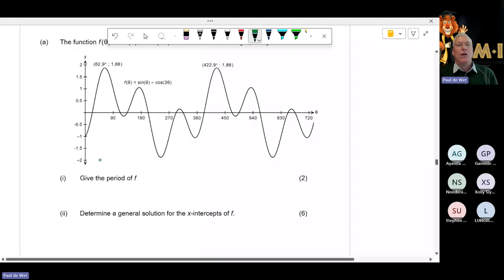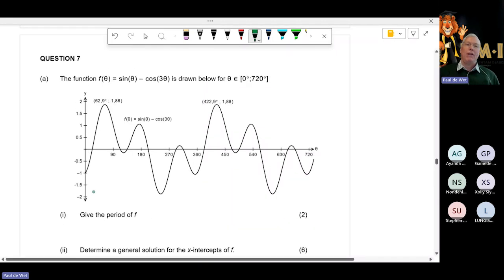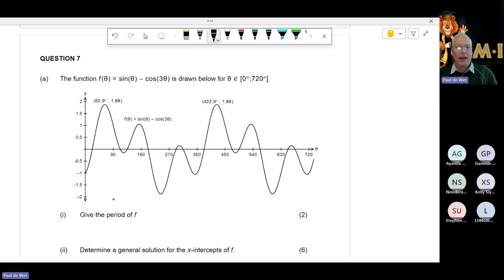It says, what is the period of this graph? Now, what does the period mean? It means how long does it take before it repeats itself? And what is the answer to that? It's 360 degrees. The reason it's 360 degrees is from here to here.